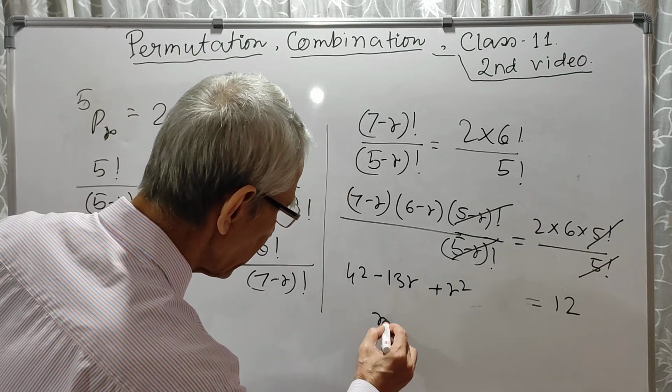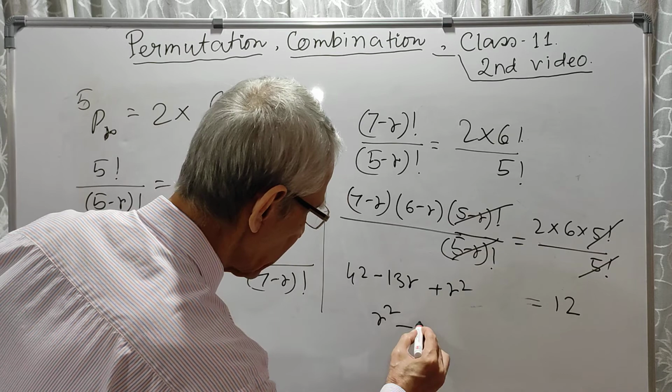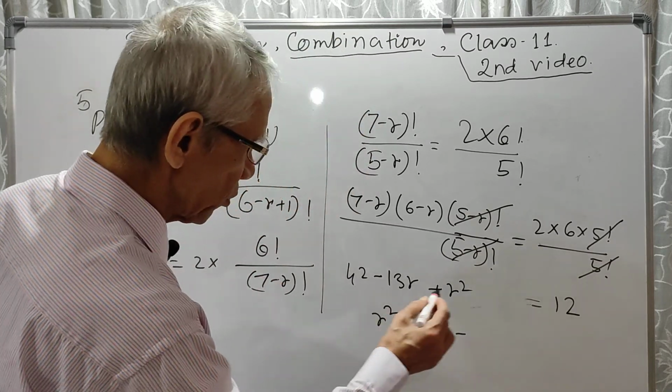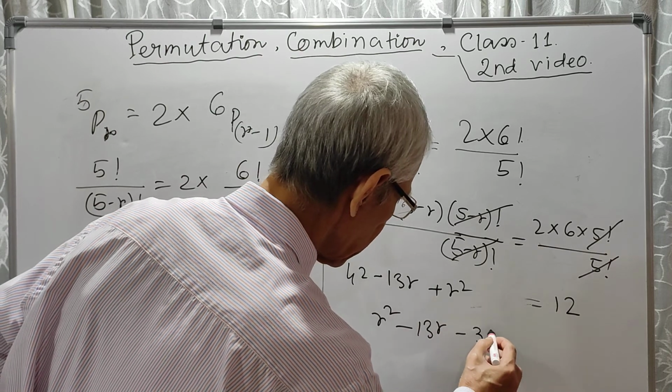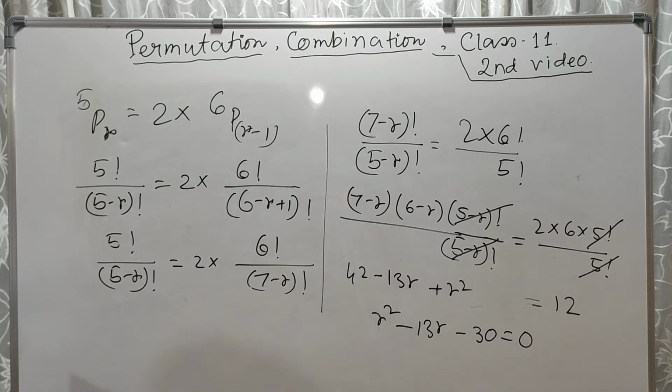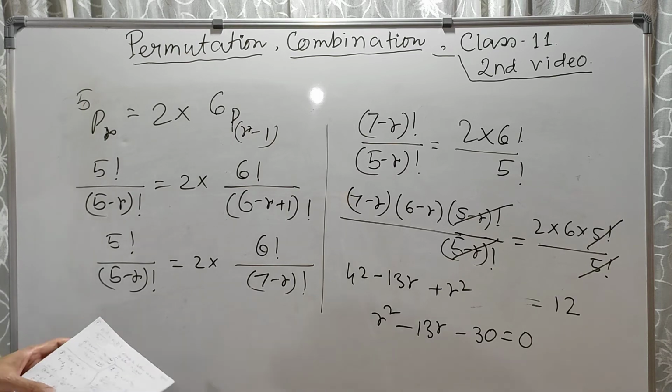So finally you get one quadratic equation, r square minus 13r, then here 42 minus 12, that is 30, equal to 0. All right, r square minus 13r plus 30 equal to 0.